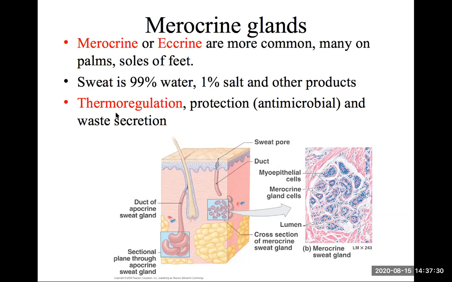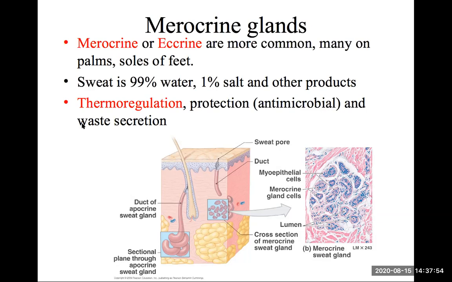Sweat is primarily used for thermoregulation, to cool off, but sweat also acts as a natural antimicrobial because microbes, like bacteria, don't like salt water. So by having a lot of this sweat on your skin, it actually protects you.